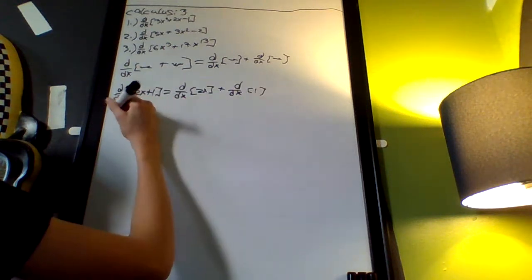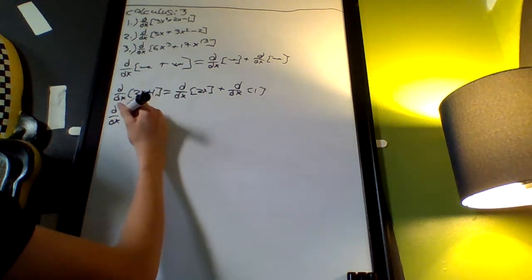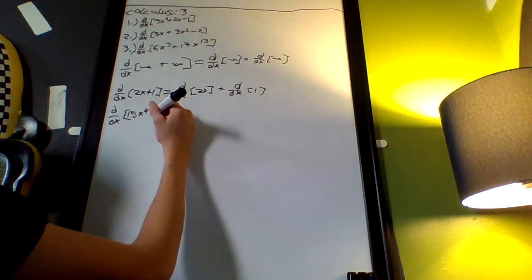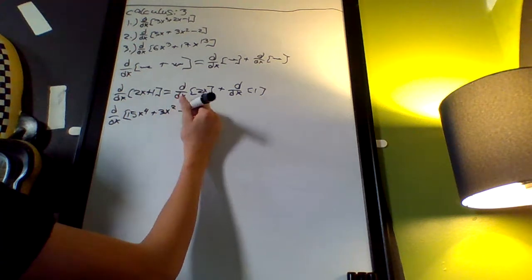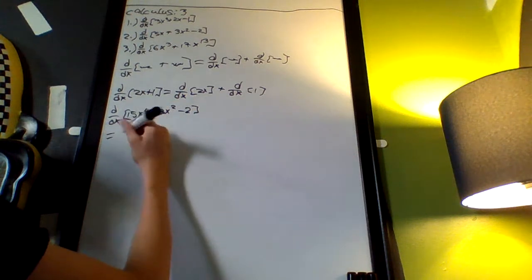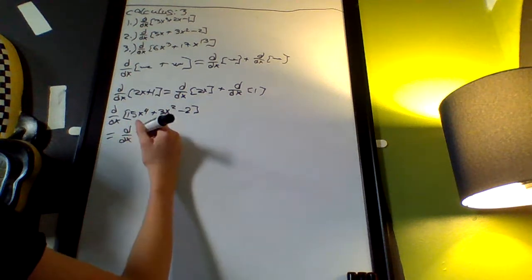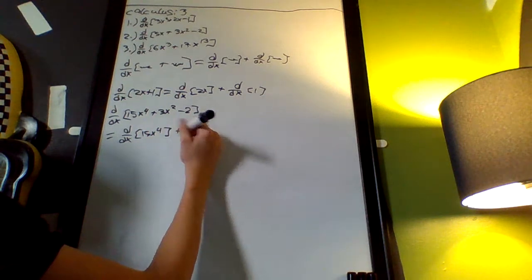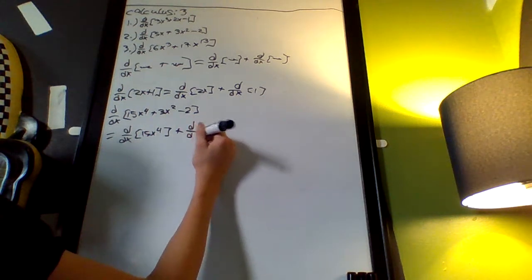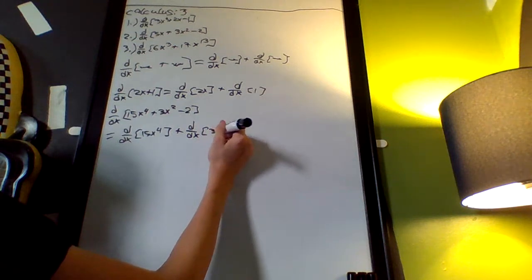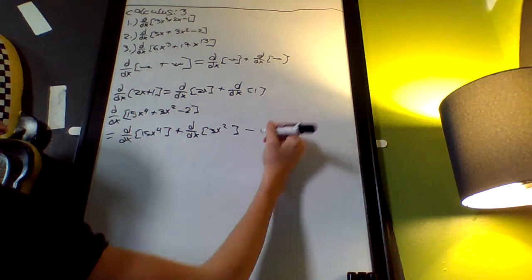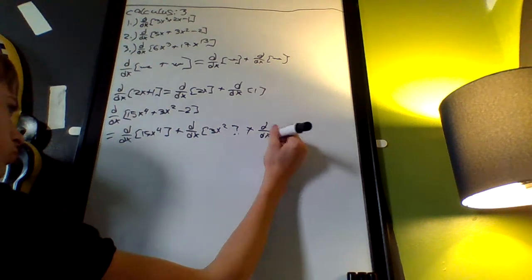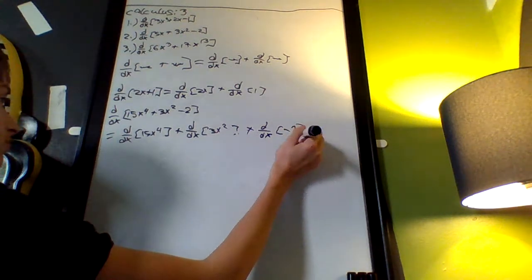And if I'm doing something like the derivative of 15x to the 4th plus 3x squared minus 2, it's the same thing as the derivative of each of the things added together. Like that. Okay?